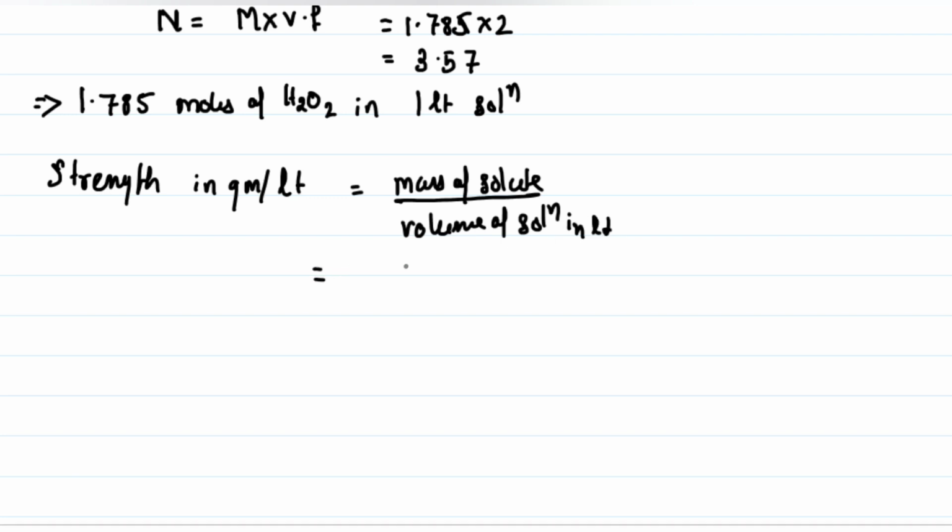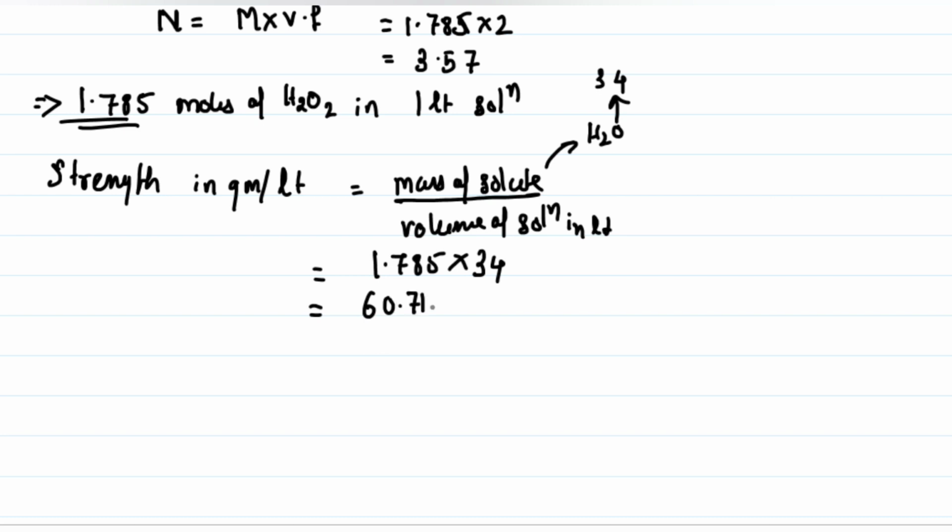Moles of solute we have already calculated as 1.785, and the molar mass of H2O2 comes out to be 34. So multiply by 34 in 1 liter, and that will come out to be 60.71 gram per liter.